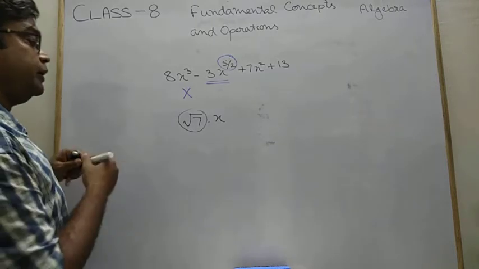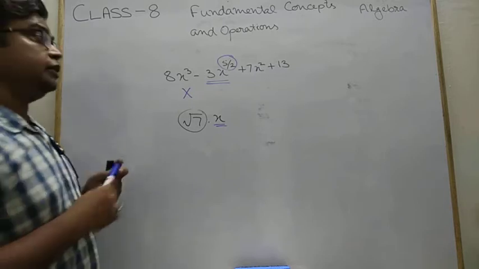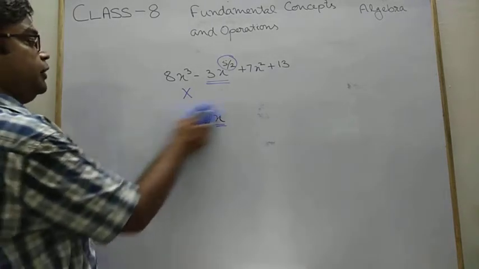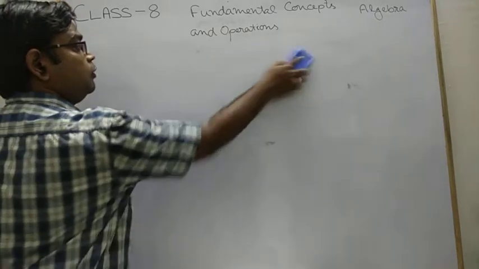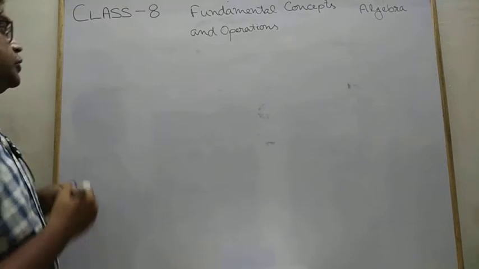The definition concerns only the variable part, so we must check the variable part to decide whether it's a polynomial or not. Now, depending upon the number of terms, we have different types of polynomials. The first one is your monomial.